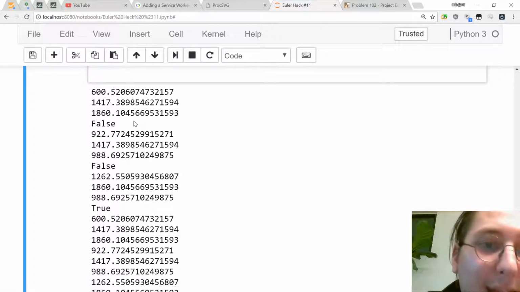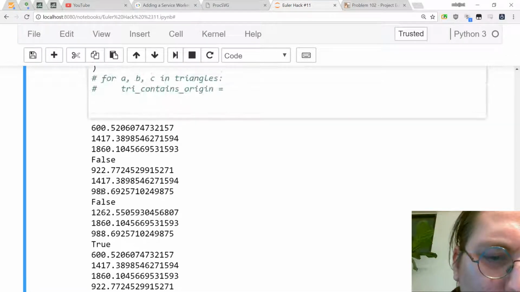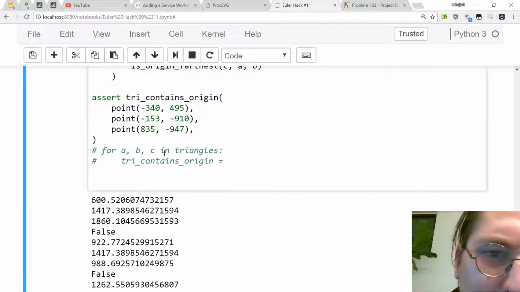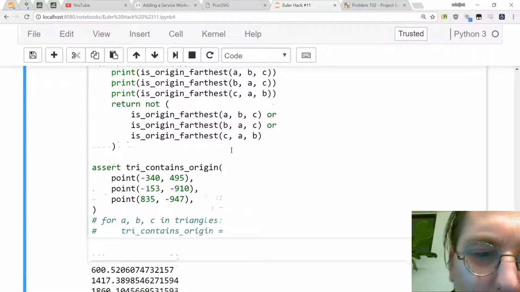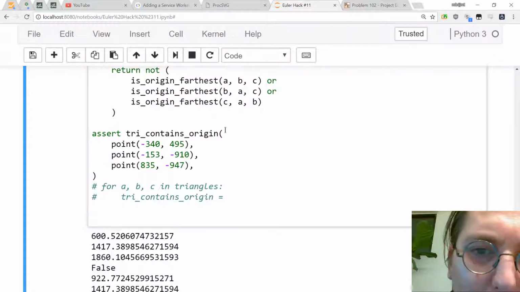So for A, the origin is this. One of them is not. So supposedly A is further away from C than the origin, but B is not.